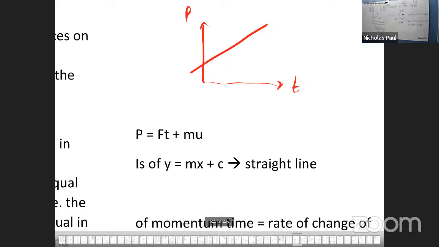According to that small equation there, what does the y-axis give you? Here is the y, here is the x. So your y-intercept gives you the initial momentum, and what does the gradient give you?